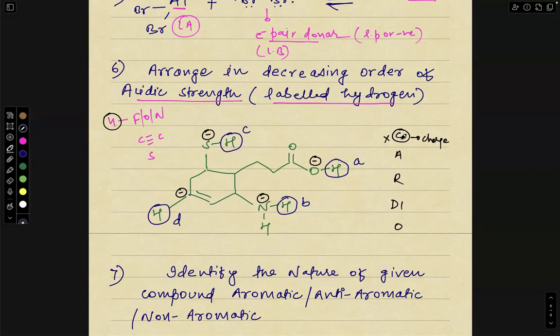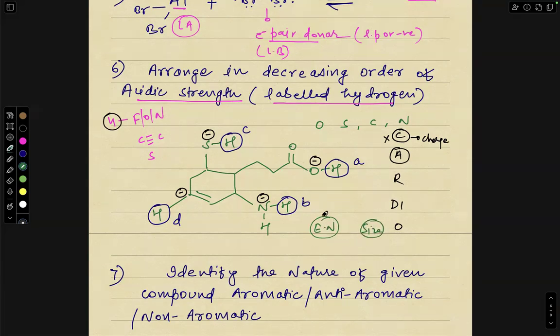Okay, next is atom. We have different kinds of atoms: oxygen, sulfur, carbon, and nitrogen. So whenever you have different kinds of atoms, you have two concepts: electronegativity and size.